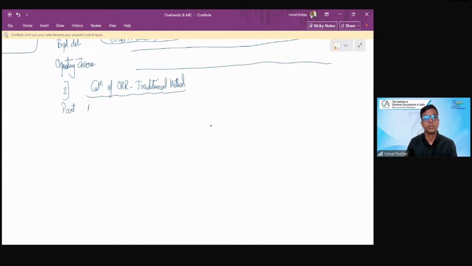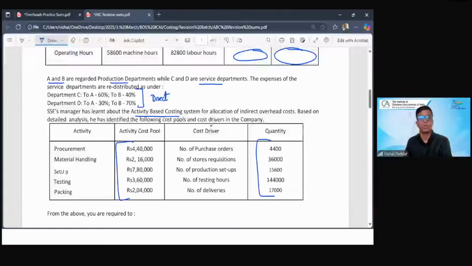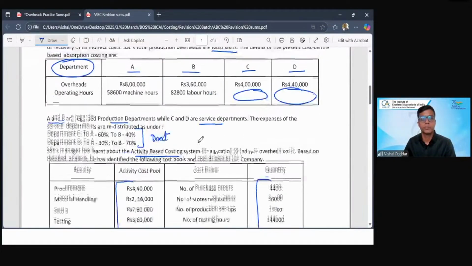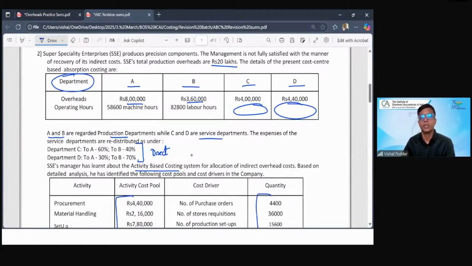So particulars, amount, basis of apportionment, and then A, B, C, D. So expenses are given: 8, 3.6, 4, 4.3.